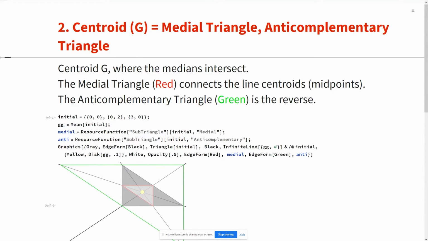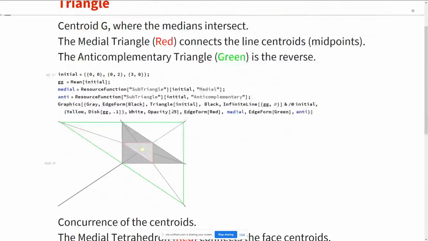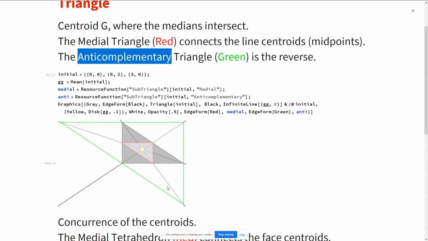The centroid: for a line, the centroid is the midpoint, and we can see various ways of connecting up the centroids, which is here in the gray triangle. The red is the medial triangle, and if you wanted a triangle that had the original triangle as the medial triangle, that's called the anti-complementary triangle, and that's shown in green.